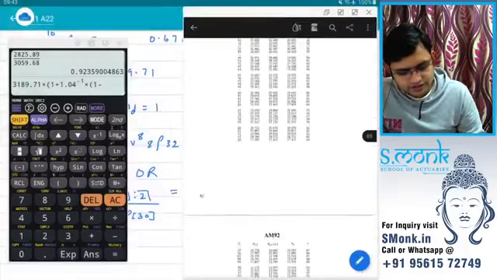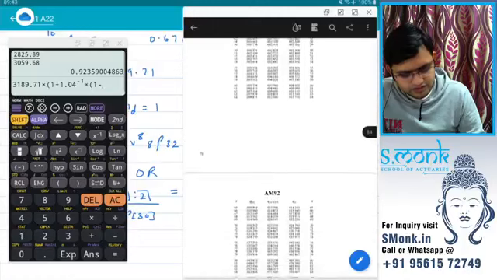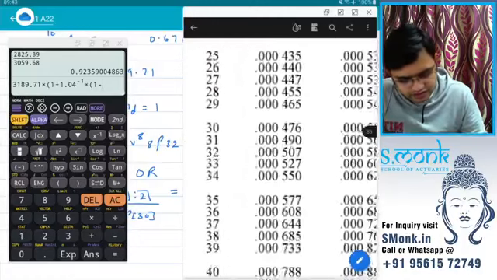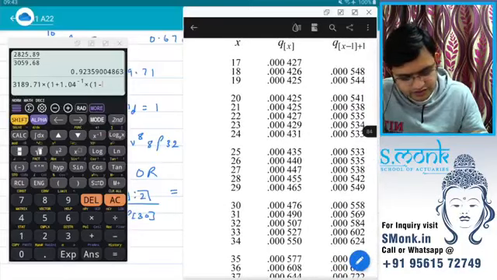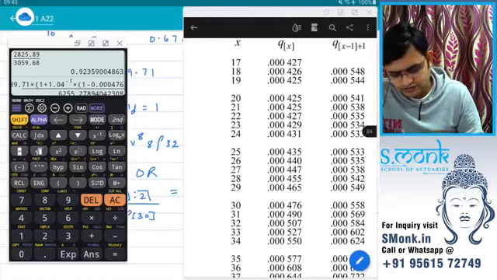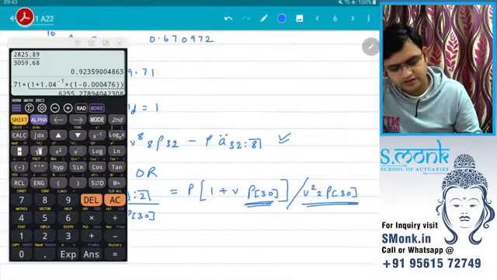Q select 30 would be this 0.000476, bracket close, another bracket close, and we will divide by this.